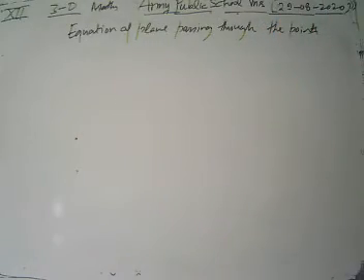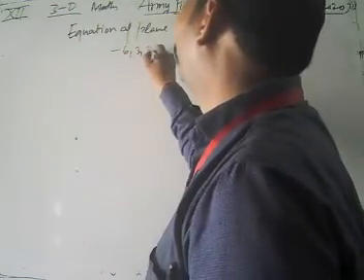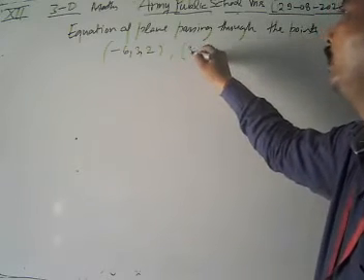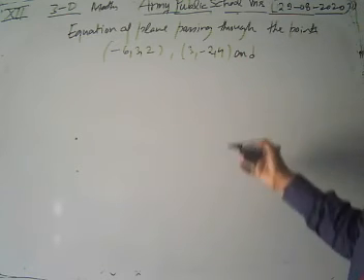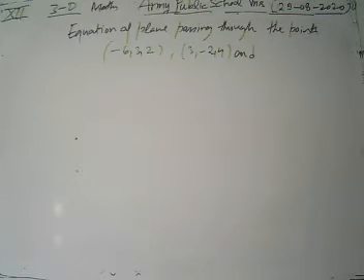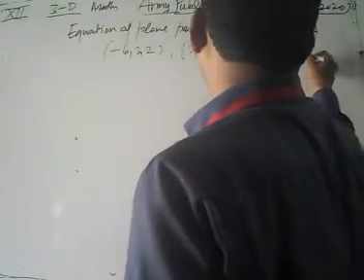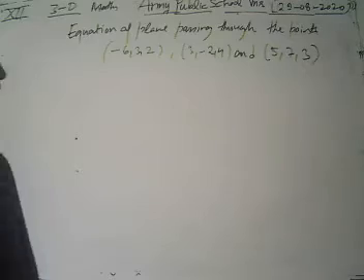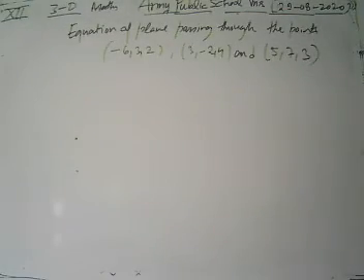Just suppose we take the first point as (-6, 3, 2), the second as (3, -2, 4), and the third point as (5, 7, 3). Now we are going to find the equation of the plane passing through the points (-6, 3, 2), (3, -2, 4) and (5, 7, 3).